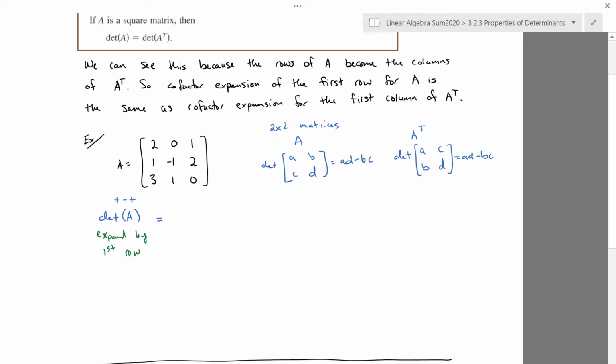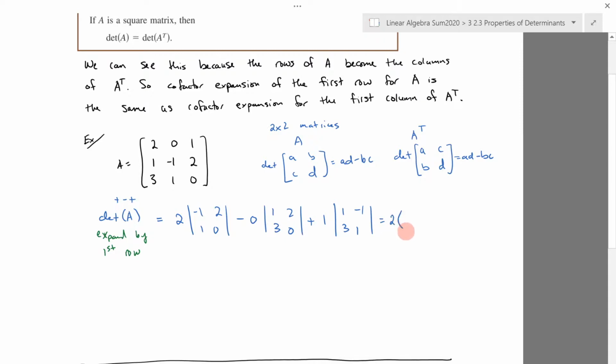So you have 2 times the determinant of the submatrix of these 4 entries, minus 0 times the determinant of this submatrix, 1, 2, 3, 0, and then plus 1 times the determinant of this submatrix, 1, negative 1, 3, 1. So what is this equal to?